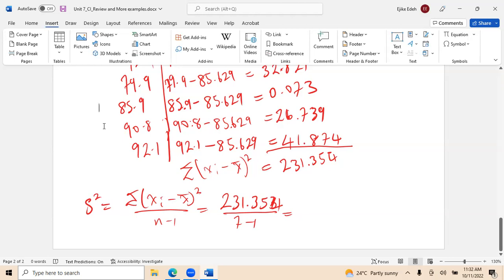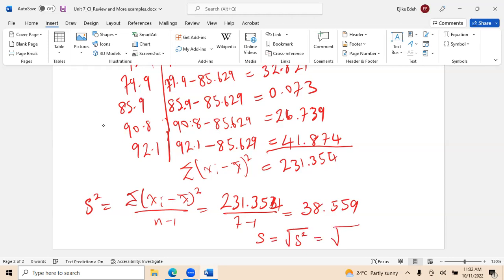So if we divide our result by 6, what do you have? I have 38.559. Okay, thank you. Of course, we know that the sample standard deviation is the square root of the variance.